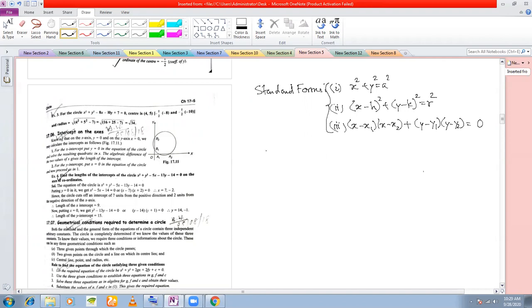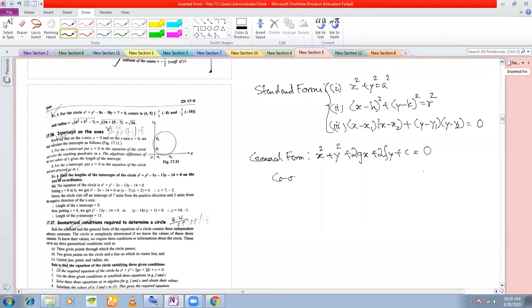The general form of the equation that we start today is x square plus y square plus 2gx plus 2fy plus c is equal to 0.